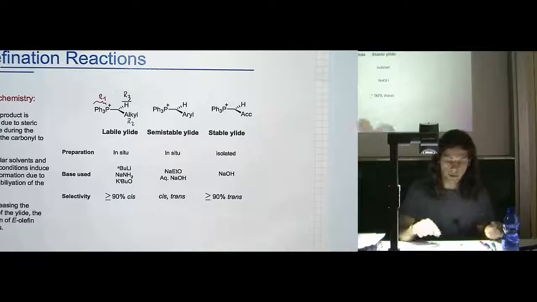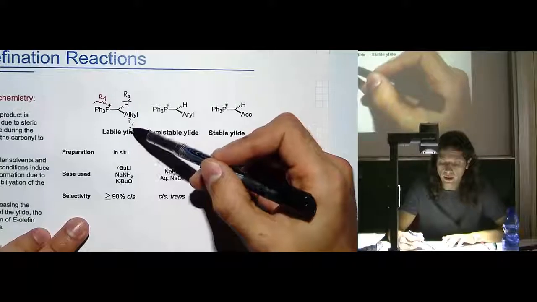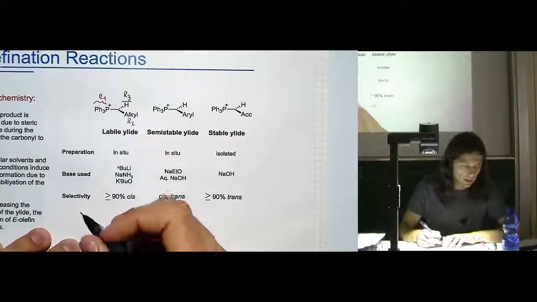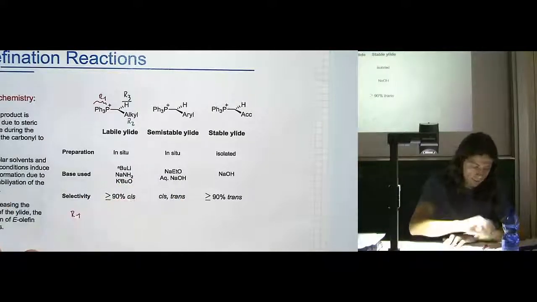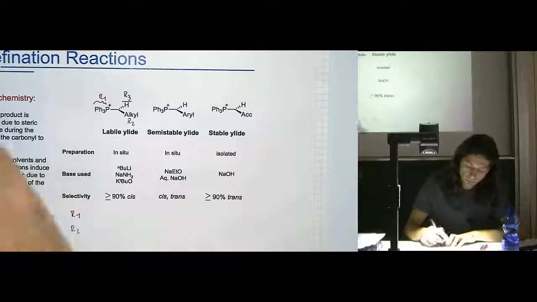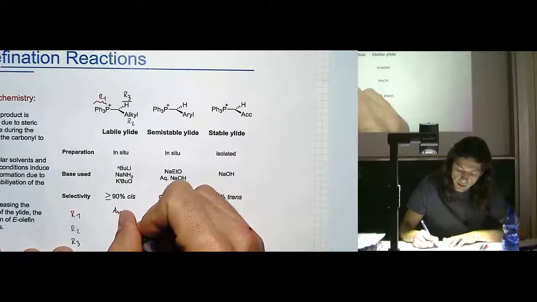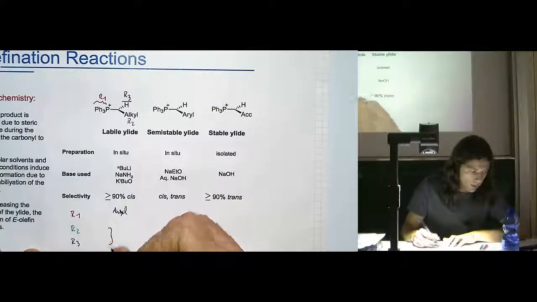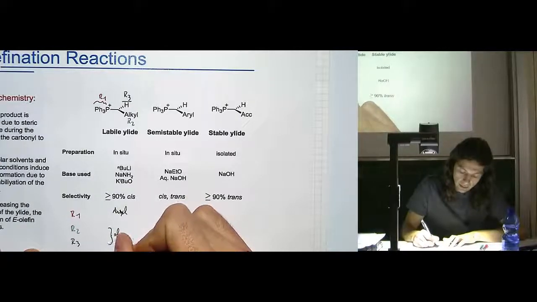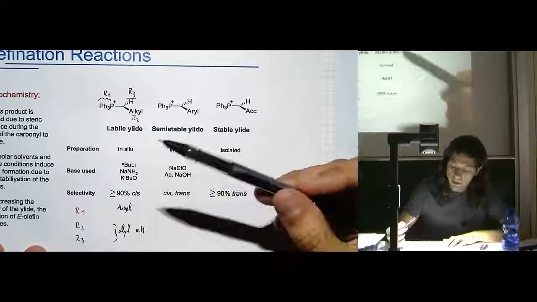So whenever we synthesize halides that are not so stable, which is mainly whenever R1 is, for example, an aryl substituent, and R2 and R3 are alkyl or H groups, then stronger bases will be needed.